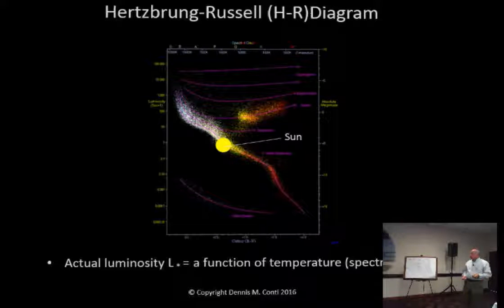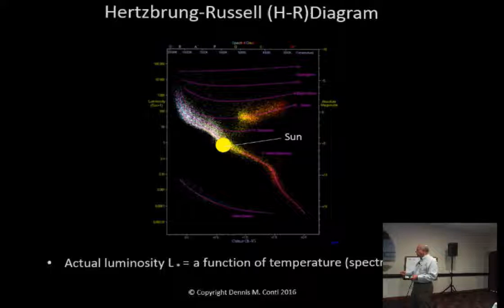Okay. The other thing, just by way of reference, is the relationship of stars to their temperature and luminosity. So this is the famous HR diagram, which shows these are what are called the main sequence stars.